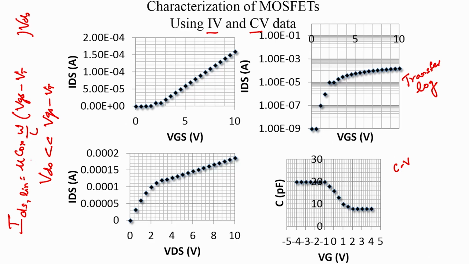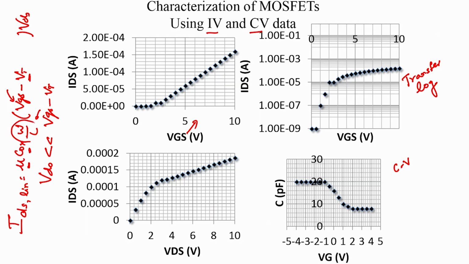Now, the first thing you could do is once you have this characteristics, you could simply take all these data points, note the appropriate voltages, plug them into these curves and just solve those equations to obtain the unknown parameters. And what are the unknown parameters? The unknown parameters are the mobility, Cox and threshold voltage. VGS is known because we are applying the gate to source voltage.